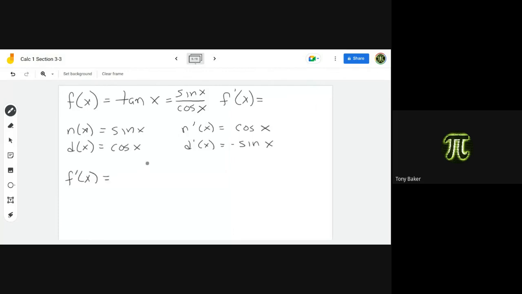So we have cosine of x times cosine of x, because it's n prime, the derivative of the top, times the denominator, minus negative sine of x times sine of x, over the denominator squared, cosine squared of x.